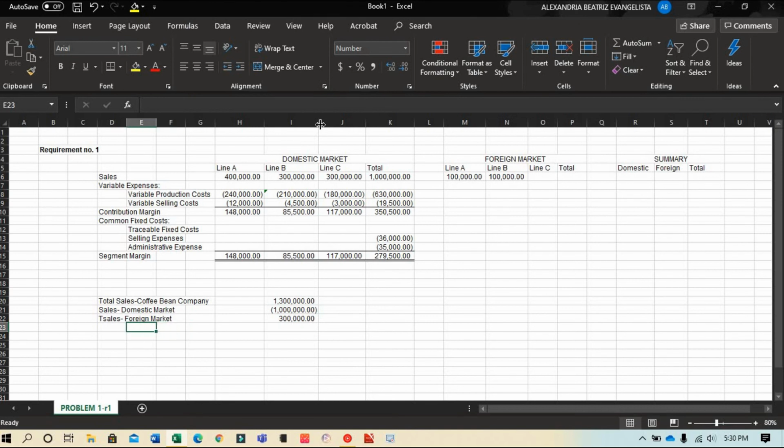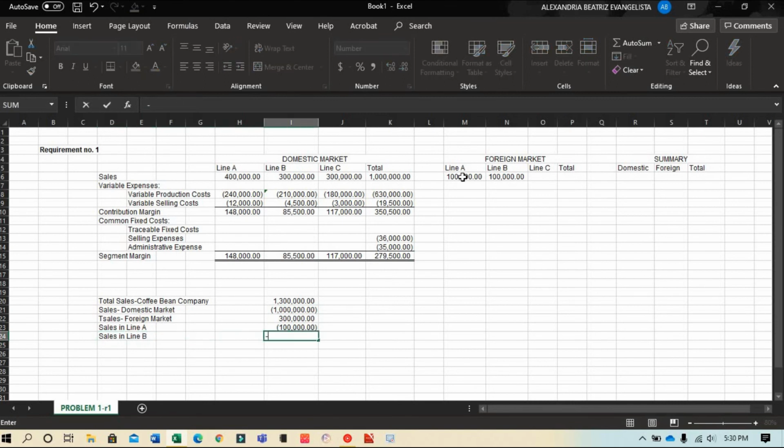And again, given the problem that the sales for line A is $100,000, we're just going to deduct that from the total foreign market sales. And then we also have sales in line B, which is 100,000 as well.